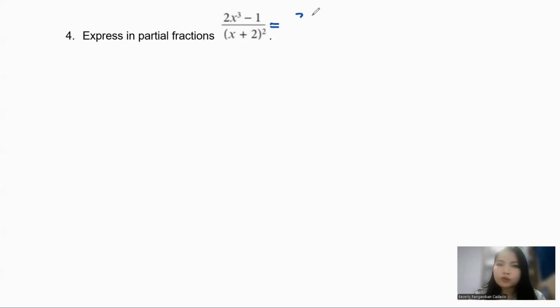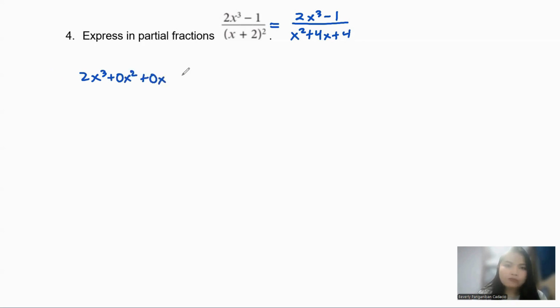So you're going to have 2x cubed minus 1 over, when you expand that, it will become x squared plus 4x plus 4. Using long division, you're going to have 2x cubed plus 0x squared. Actually, putting the 0 is optional, but I want you to be organized so you're not confused. So this one is x squared plus 4x plus 4.